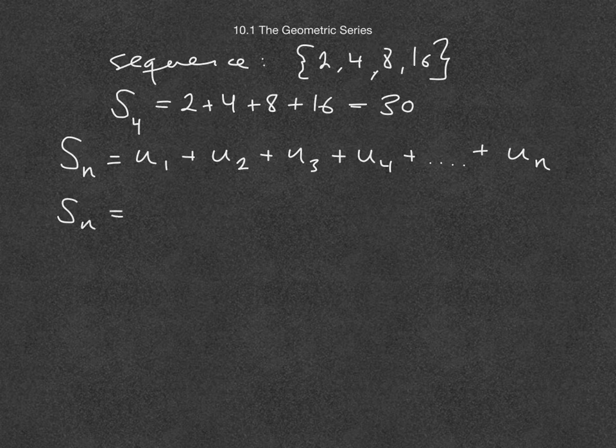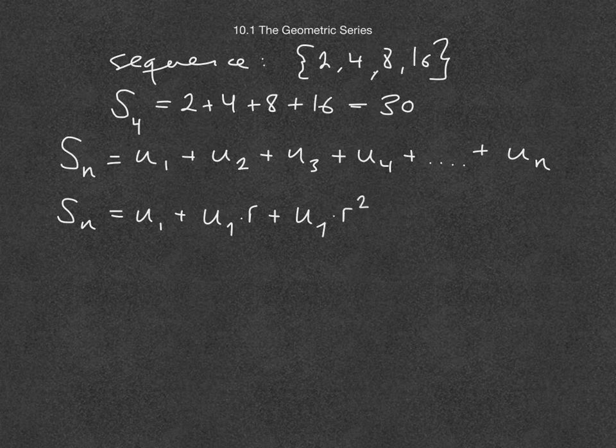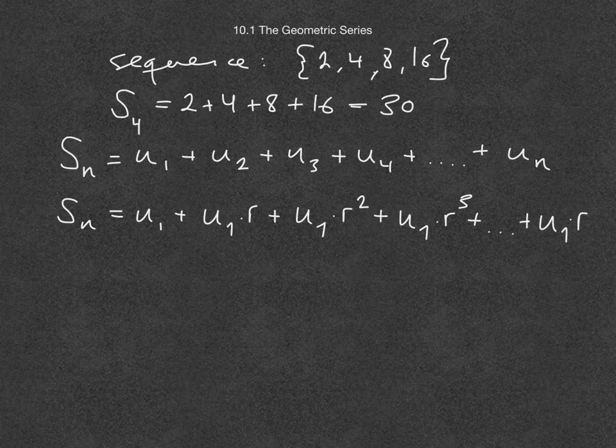Now, we have seen that we could rewrite the other terms: the second term would be u1 multiplied with r, the third term would be u1 multiplied with r squared, and the fourth would be u1 multiplied with r cubed, and so on, all the way to u1 multiplied with r to the power of n minus 1.